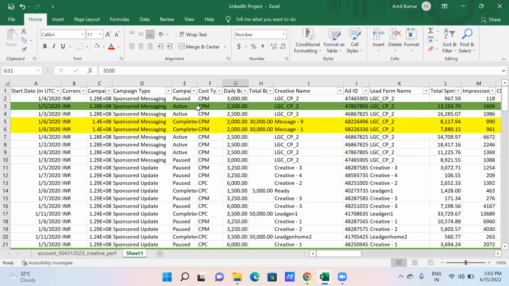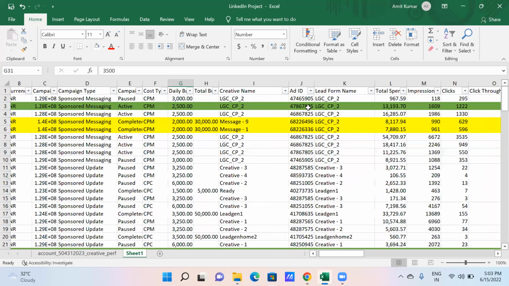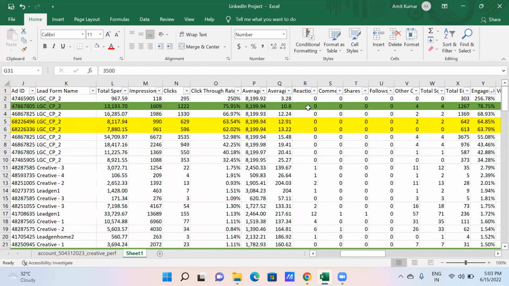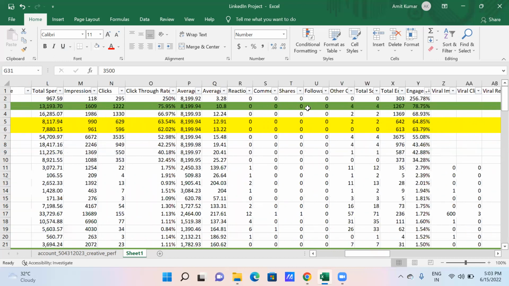In terms of engagement, I put a filter for engagement, a filter for viral impressions, and also for average CPC and CPM. Once I put all these filters, it automatically arranges from highest to lowest.